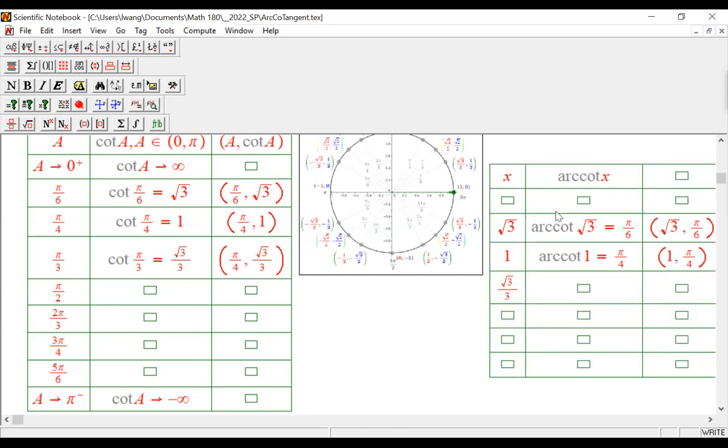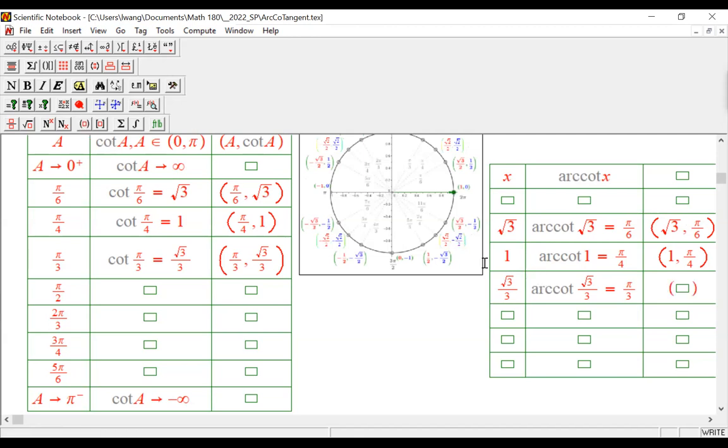Arc cotangent takes that ratio, √3 over 3, and it produces an angle. That angle is pi over 3. You can see that's how arc cotangent is produced.